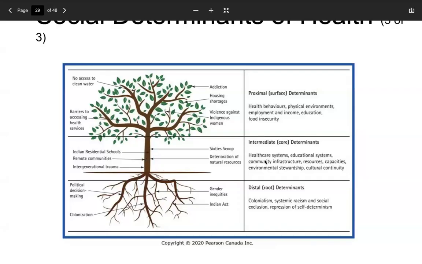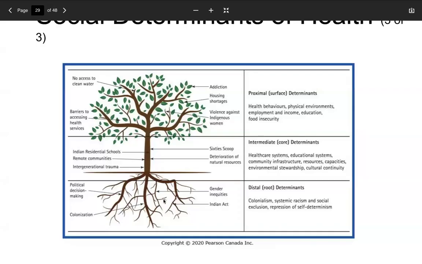Here we're looking at factors like healthcare systems or the educational systems. These factors affect access to health. They affect the trust in institutions. They affect community wellness. So for example, intergenerational trauma and poor access to culturally safe care come from these deeper systemic issues.